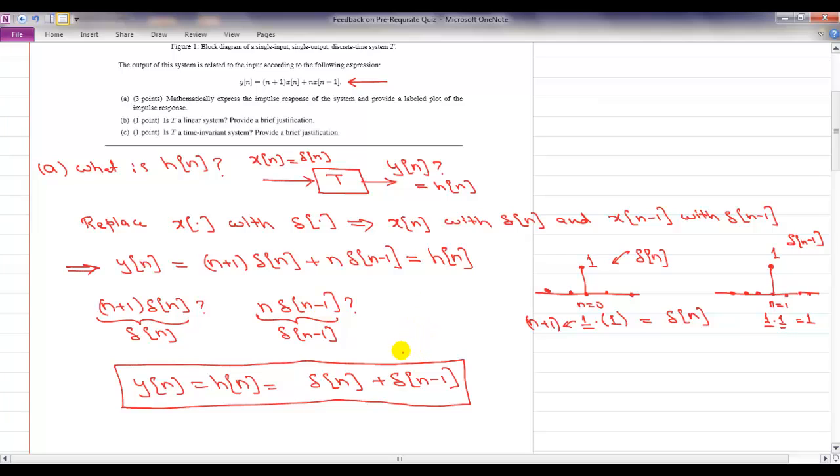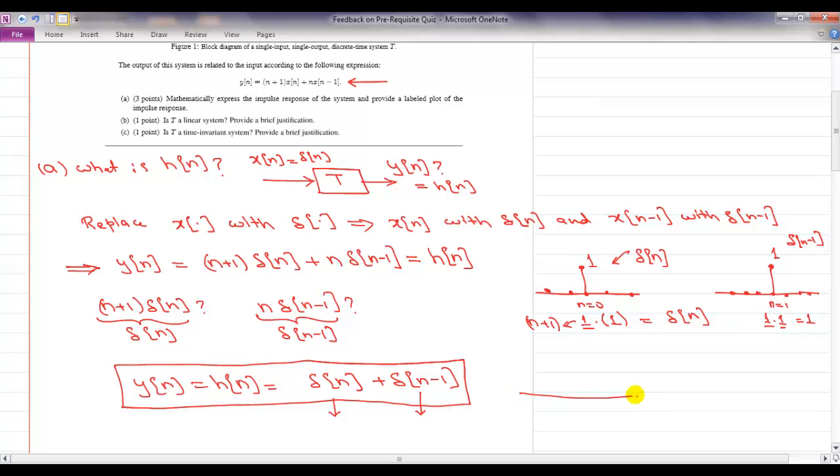Now the second part of part A asks to provide a labeled plot. That is easy because this corresponds to an impulse at n equal to 0. This corresponds to an impulse at n equal to 1.